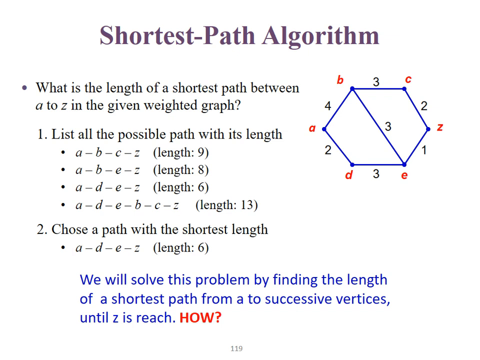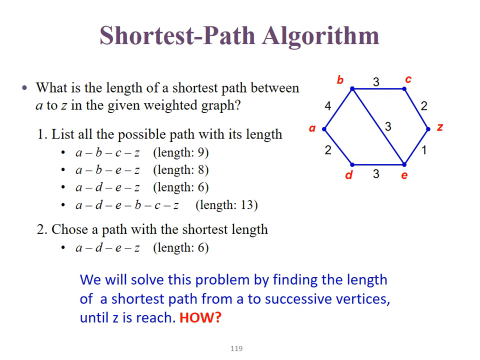But because we need to find the shortest path, we need to discover all paths between A and Z. So we have A, B, C, Z. We can also travel A, B, E, Z, or A, B, E, B, C, Z. In this case, we have 4 different possible paths, so the lengths will be 9, 8, 6, 8.